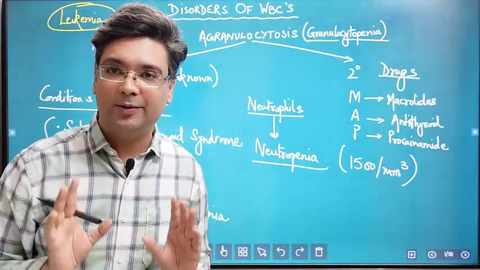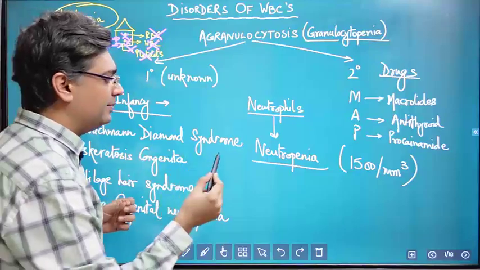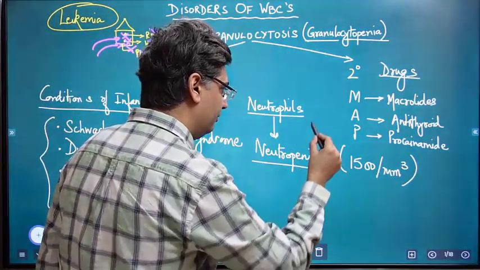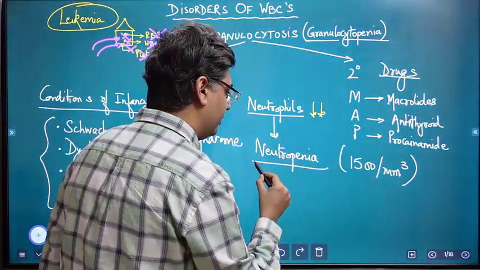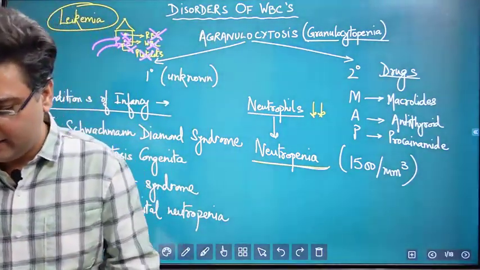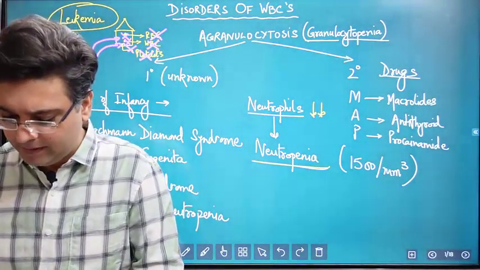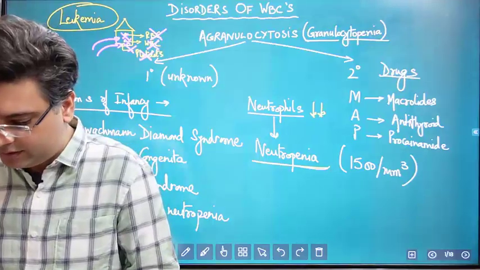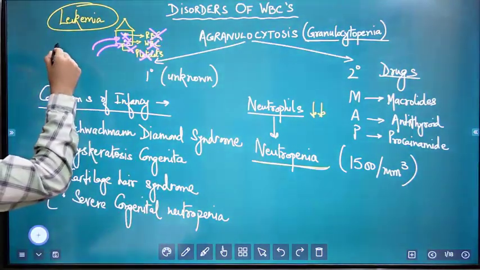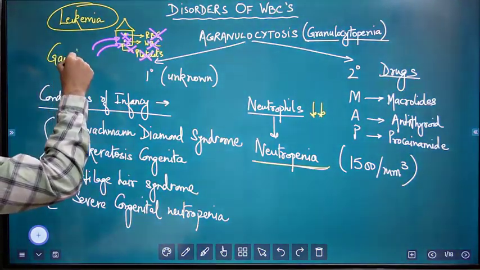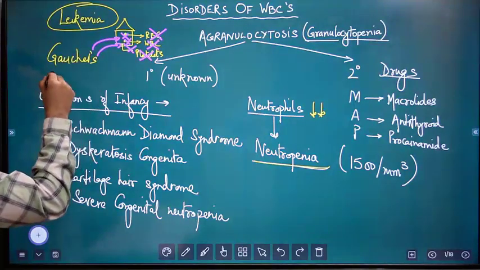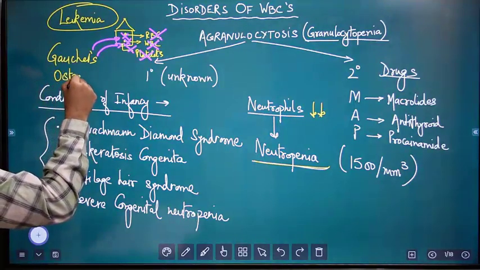Everybody get lost. Something like that. So here the neutrophils will also be reduced in count, and because of leukemia you can have neutropenia. This is also seen in Gaucher's disease and in osteopetrosis.